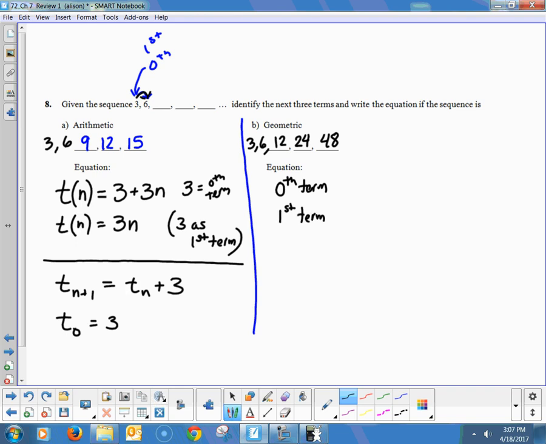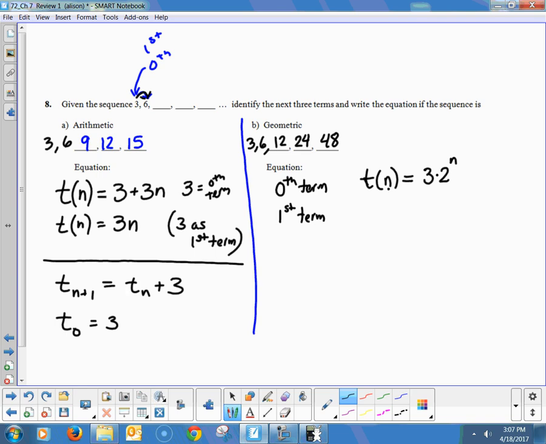So if we want 3 to be the 0th term, I would say the equation is t of n equals, that means I plug in 0 and I want to get 3. So how about 3 times 2 to the n, because I'm multiplying by 2 every single time. So we plug in 0, we're going to get 2 to 0 is 1, we get 3.